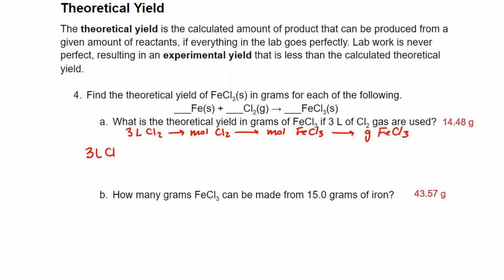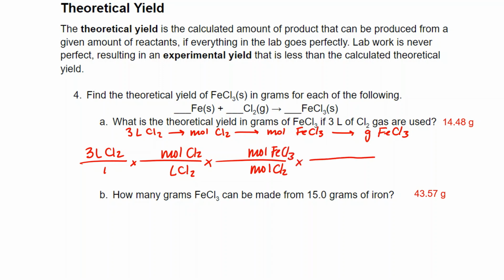So starting with my 3 liters of chlorine, I'm going to convert liters of chlorine into moles. Then I can do my mole ratio to change moles of chlorine into moles of FeCl3. And then finally I can change my moles of FeCl3 into grams of FeCl3.